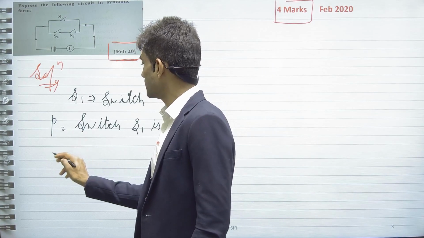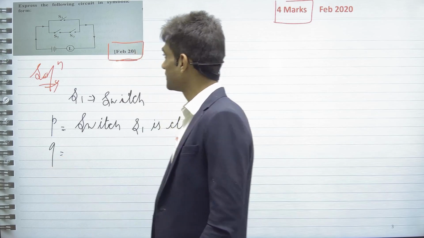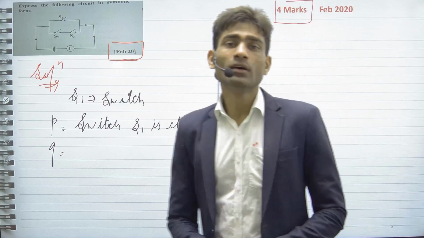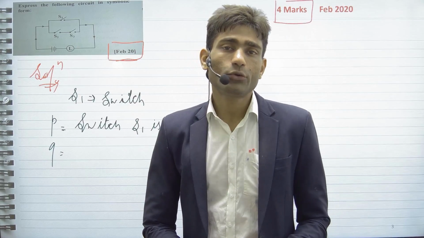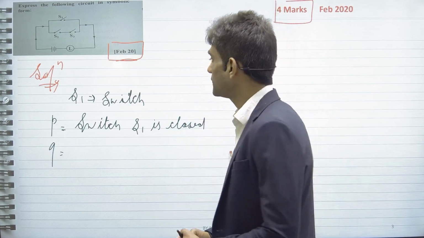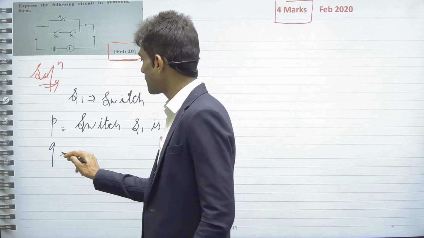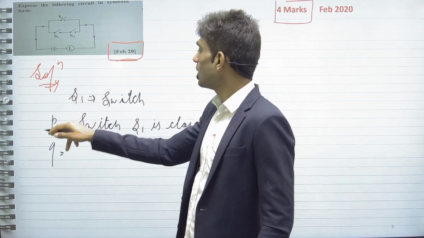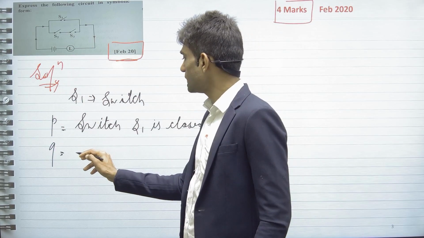Again, let's define the statement Q. We have three different switches S1, S2, S3, which means we need to define three different statement variables for these switches. Switch S1 is closed, we define as P. Now let's go for switch S2.